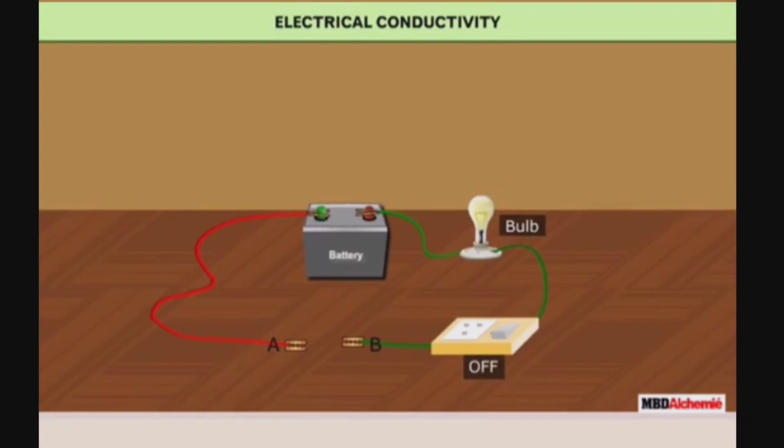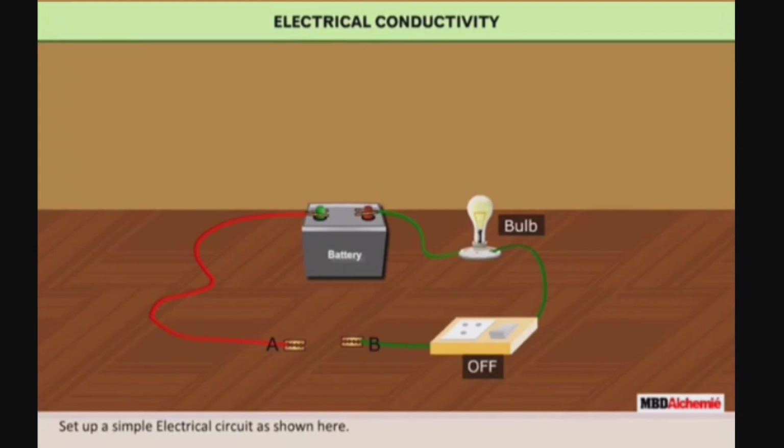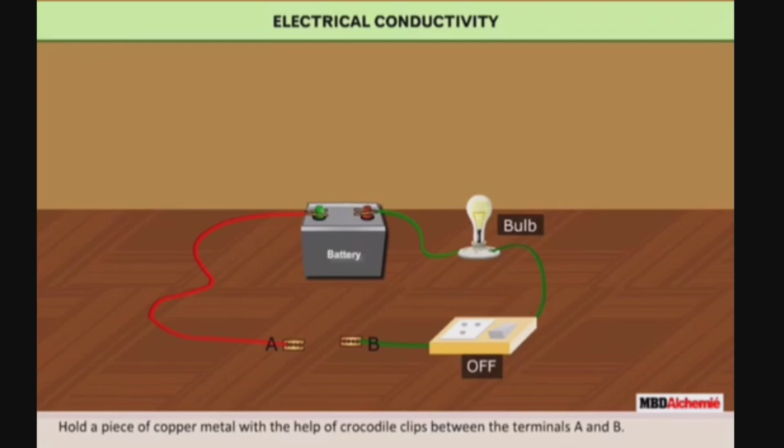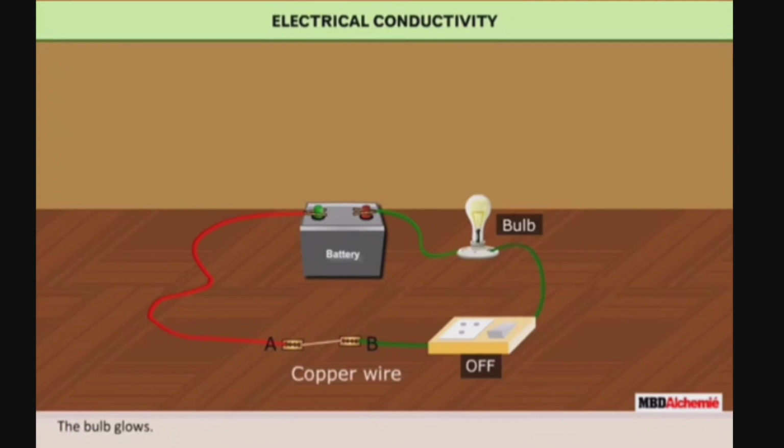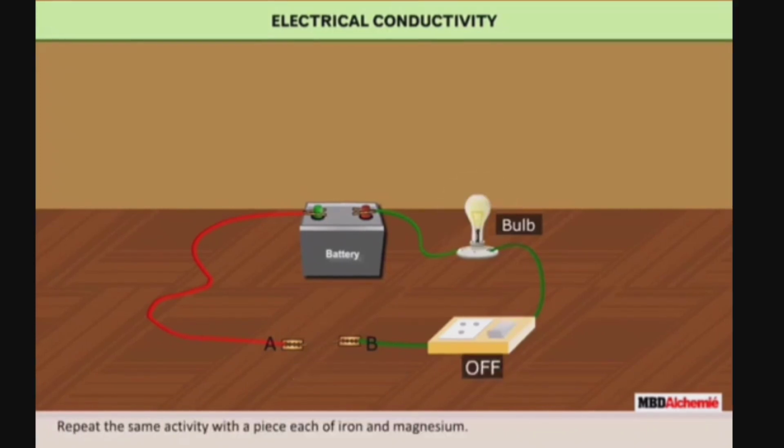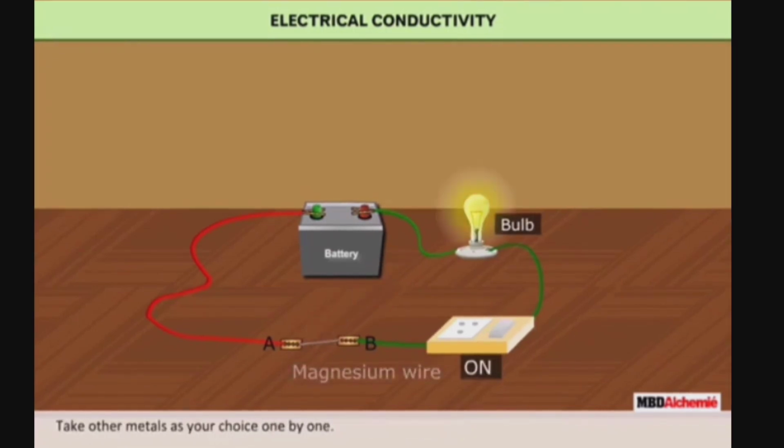Electrical conductivity can be explained with the help of the following activity. Set up a simple electric circuit as shown here. Hold a piece of copper metal with the help of crocodile clips between the terminals A and B. The bulb glows. Repeat the experiment with a piece each of iron and magnesium. Take other metals as your choice, one by one.